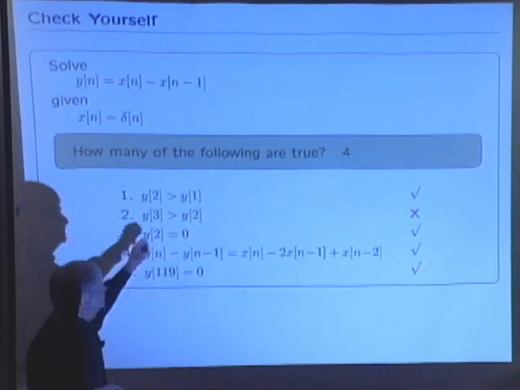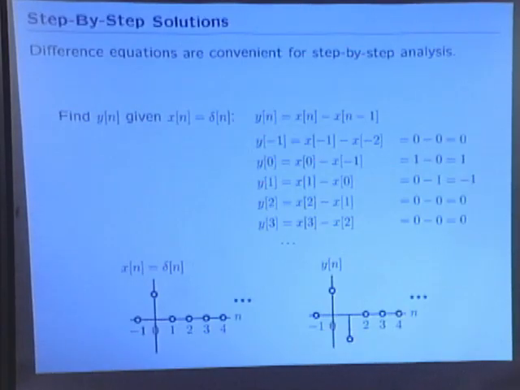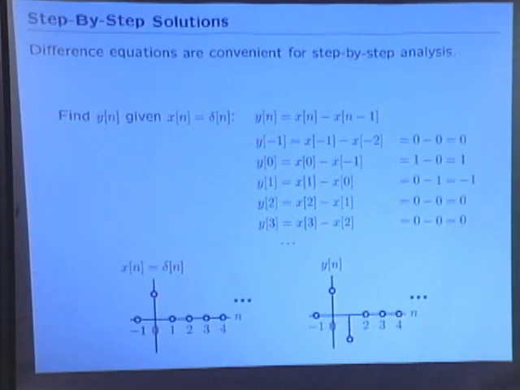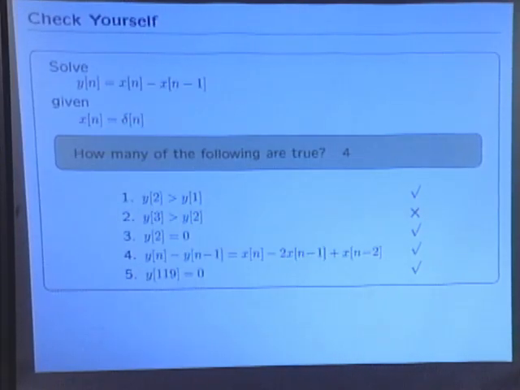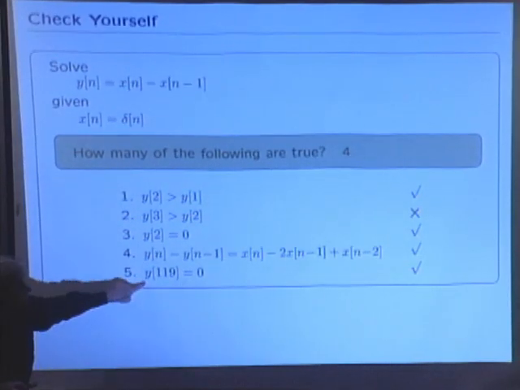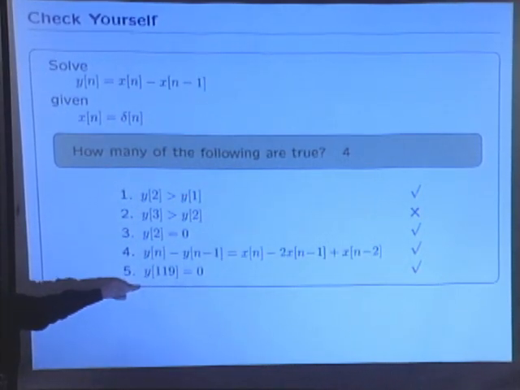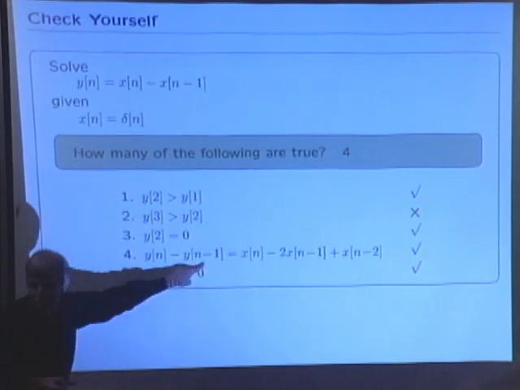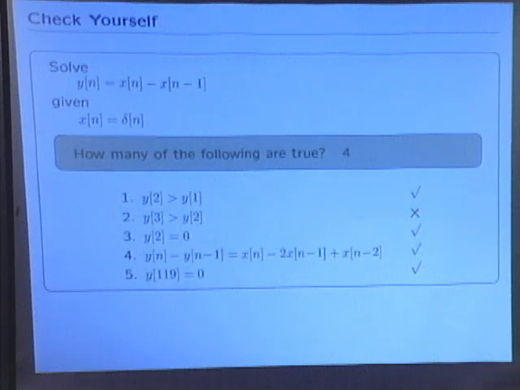And y3 is bigger than y2, not, right? y3 and y2 are identical. So that's not true. y2, and in fact, everything above that is 0. That's true. And if you do a little bit of manipulation, you can show that this must have also been true. Everyone sort of see that?